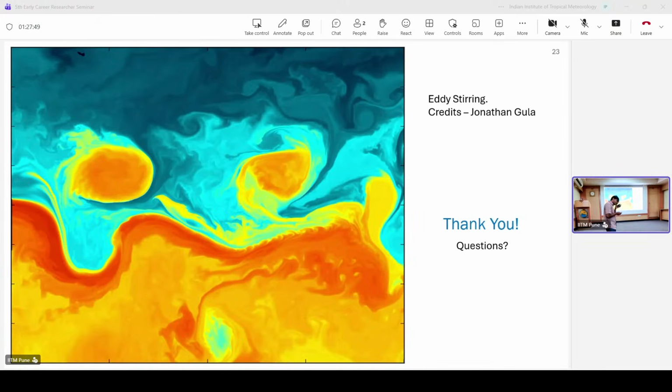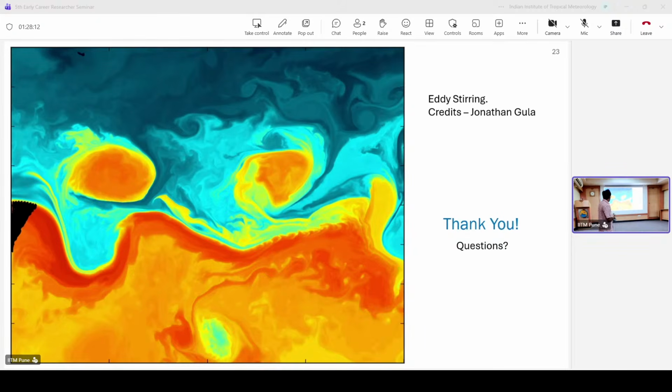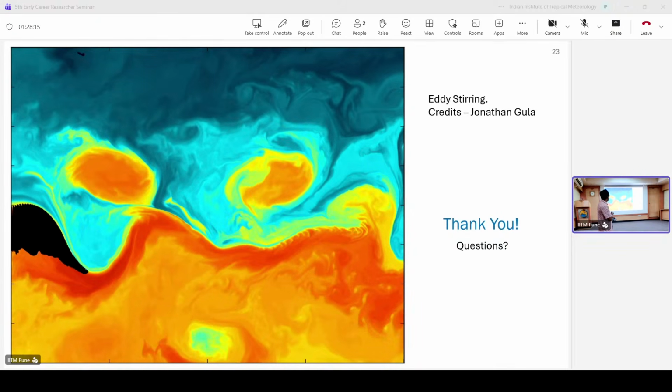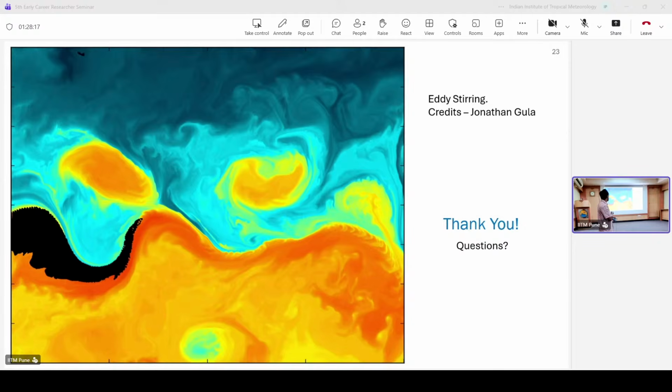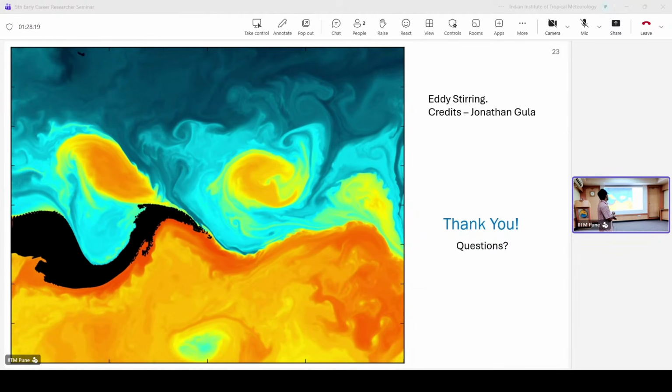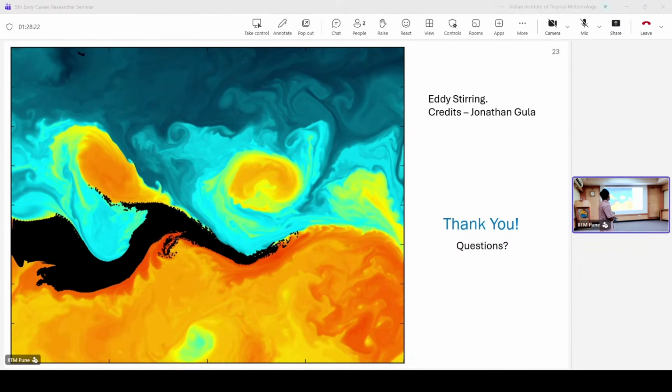And finally, I will leave you with this beautiful simulation that was conducted by Jonathan Boula in France. This is a Gulf Stream meander. There are pinch-off rings, warm core rings that have already formed. And what he's going to do is deposit a lot of Lagrangian particles on the western boundary of this simulation domain. And as these particles get advected by the flow field, you're going to see in a minute that as this eddy interacts with them, it is going to suck in some of this water mass.